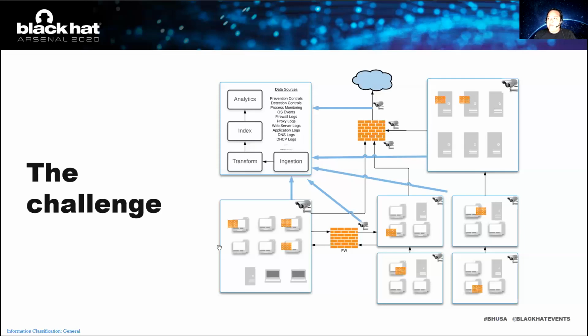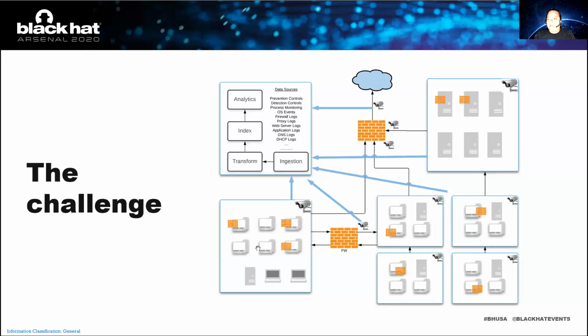For example, what if one of your network updates in this part of your network somehow prevents your system from sending your Windows event forwarding, for example, event pipeline to your SIEM or to your analytics engine? If something happens in this part of your network, since you don't have the visibility, you will miss detecting that, right? So that is the challenge.